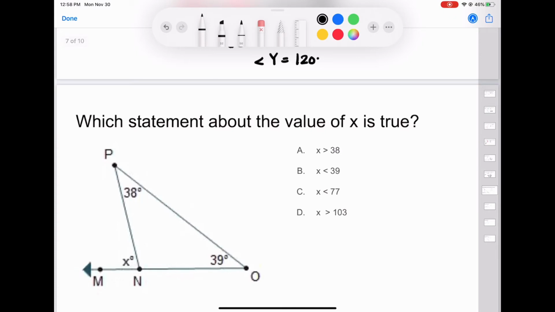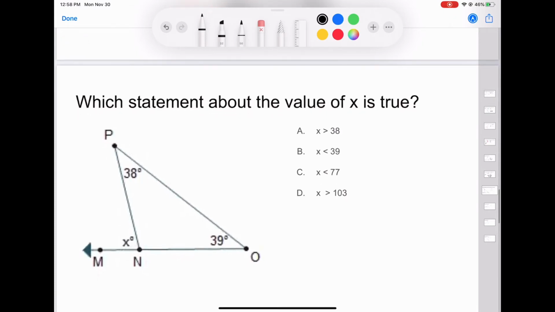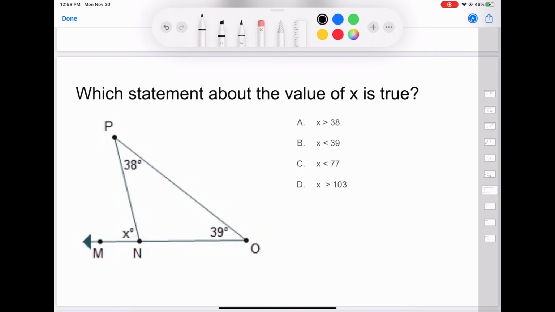Here we have another problem, but this one's just a little bit different. In this problem, we're not being asked to identify the measure of angle x. In fact, we're being asked what statement about the value of x is true. Well, what did we learn? We learned that the measure of an exterior angle must be greater than the measure of its two non-adjacent angles.